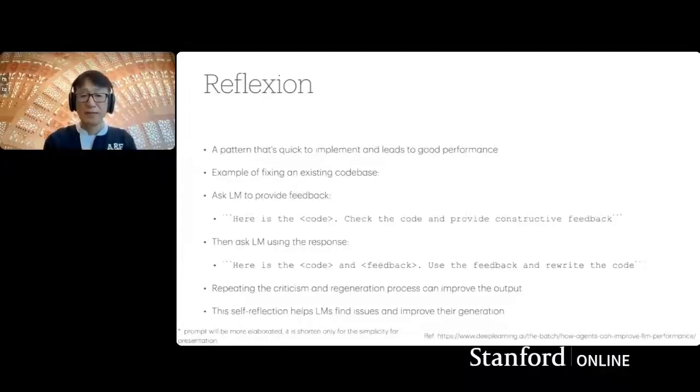Then you take that feedback to a second prompt: here's the code and the feedback, which came from the model itself, and then ask the model to refactor it. This way of reflection will likely generate better output, or a better fix for the code that you are asking the model about.